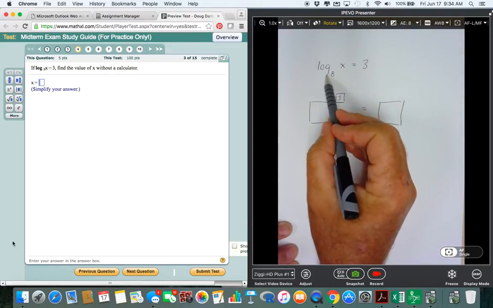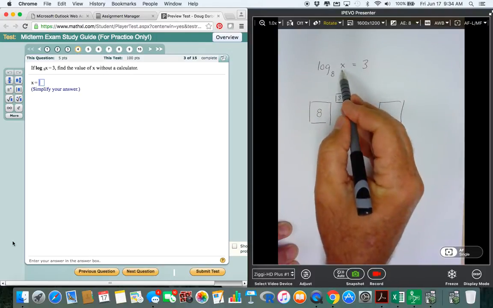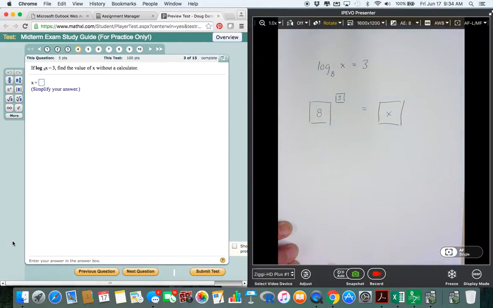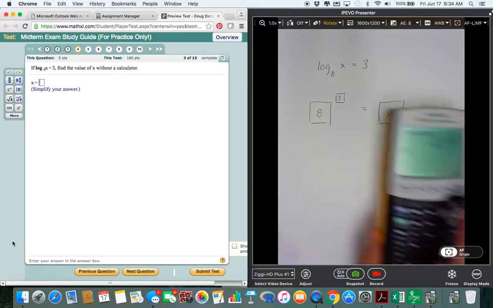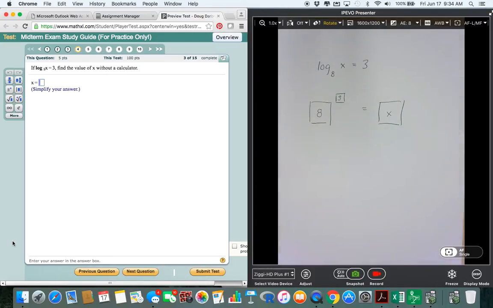This number right here is always the base. The other number right there has to be the answer. So what do we have? We put in our calculator 8 raised to the 3rd power, which is 512.